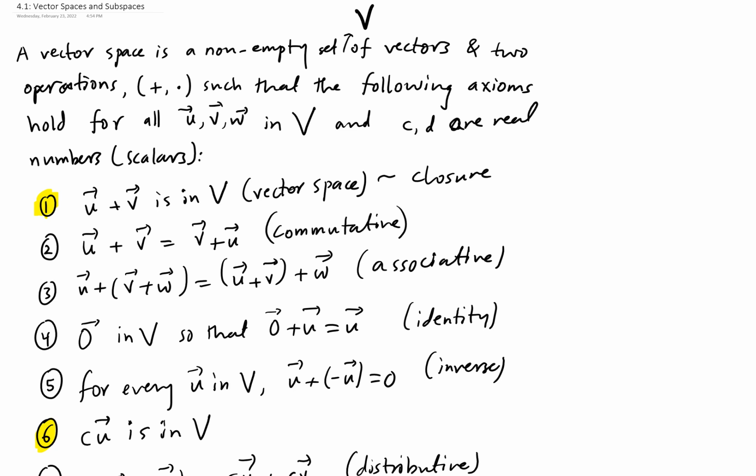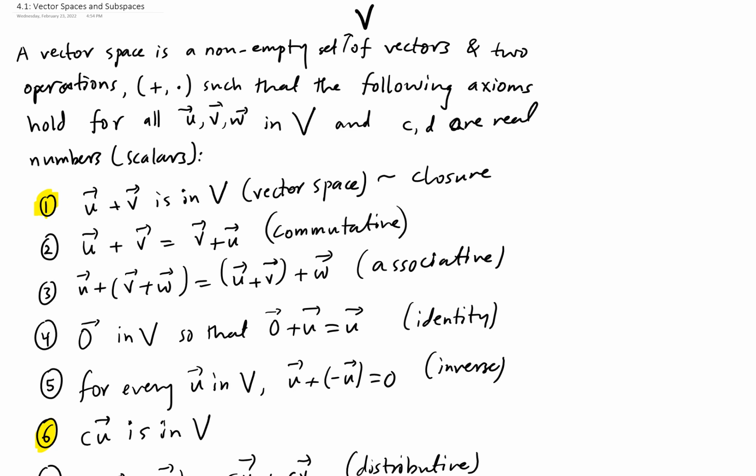To start talking about vector spaces, what is a vector space? That's the main definition. A vector space we define as a non-empty set V, capital V, of vectors, and two operations, addition and multiplication. That's what these parentheses mean, such that the following axioms hold for all vectors u, v, w in V and scalars c and d that are real numbers.